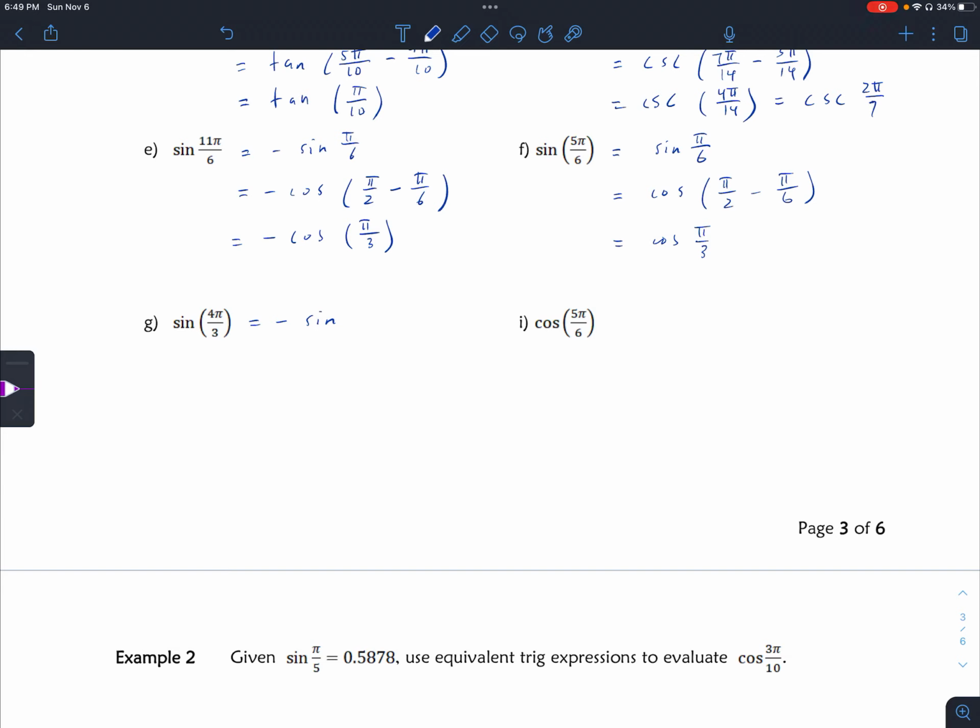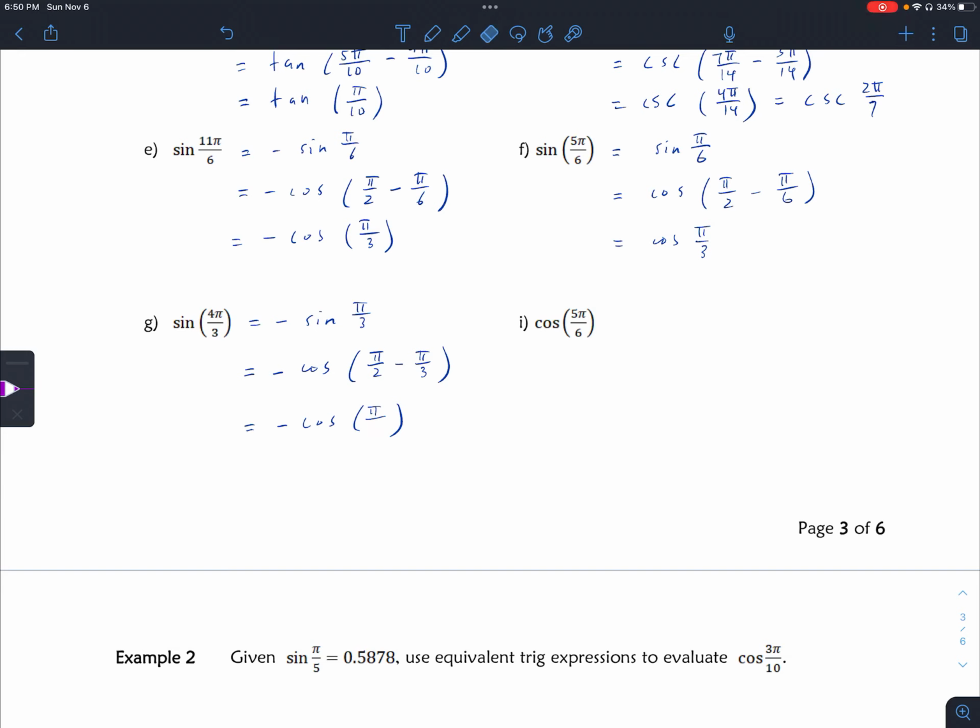Now our related acute angle we know is pi over 3, right? Because our principal angle is 4 pi over 3. So this can be written as negative sine of pi over 3. And now using the cofunction identity, that's going to be negative cosine of pi over 2 minus pi over 3, and so that's going to be negative cosine of pi over 6, right?